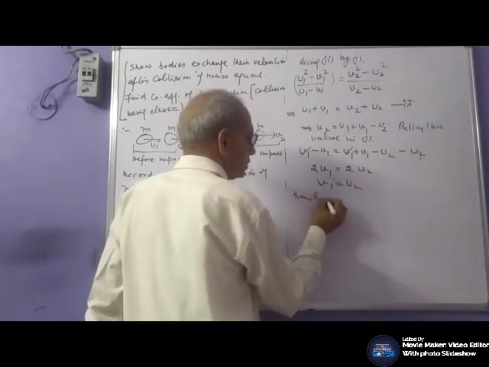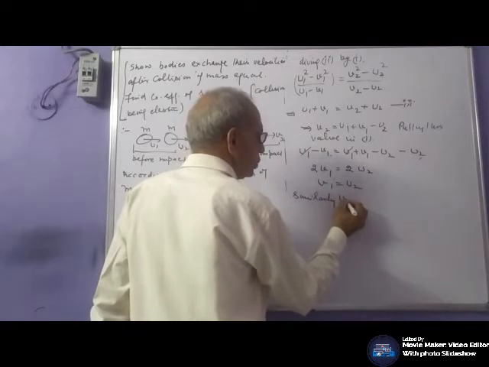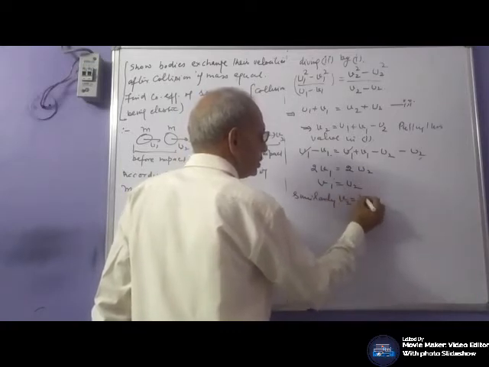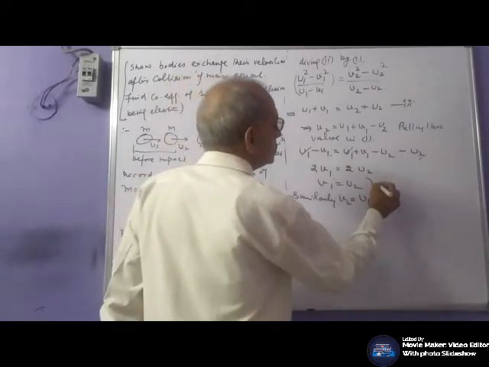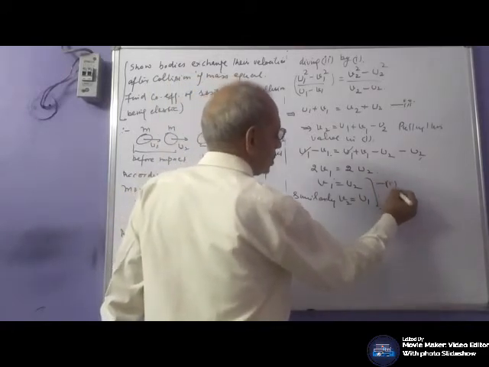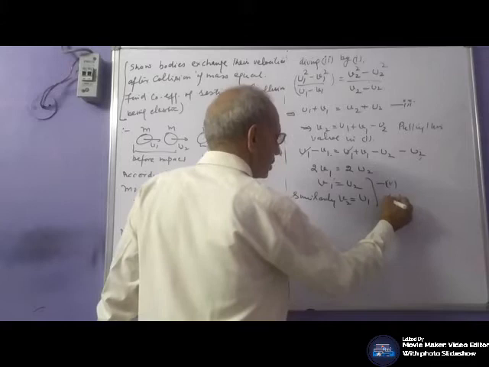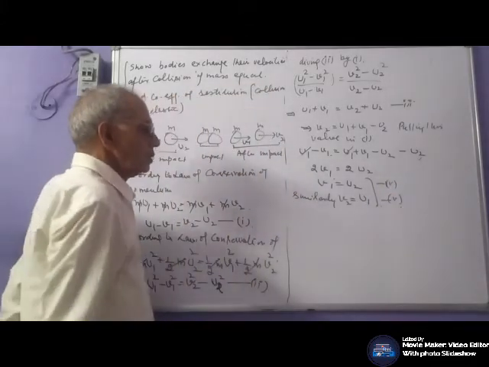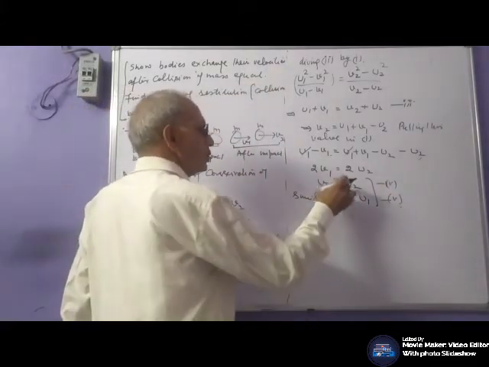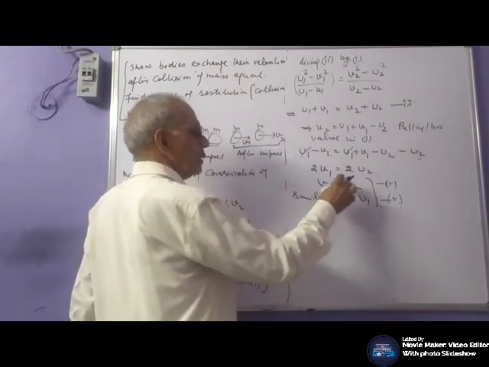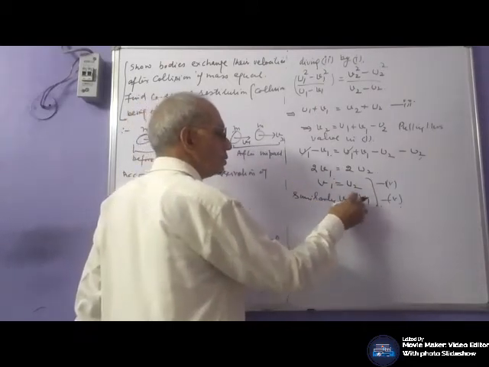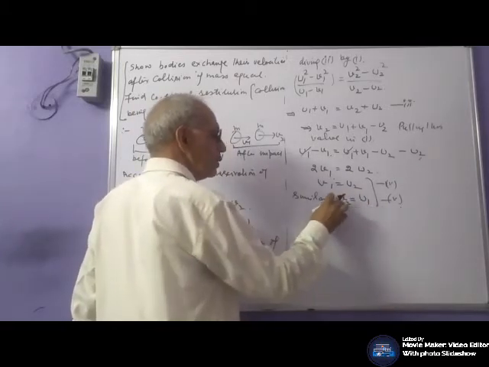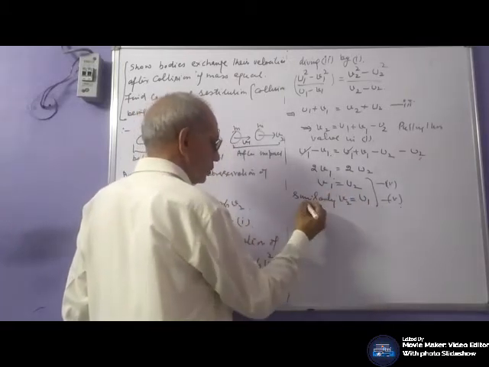Similarly V2 is U1. Fourth, fifth. This is the velocity of the second body after collision, this is the velocity of the first body. This was the velocity of the first body after collision, it is the velocity of the second body.